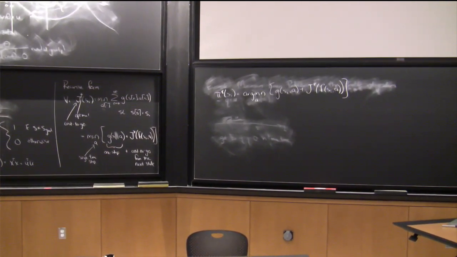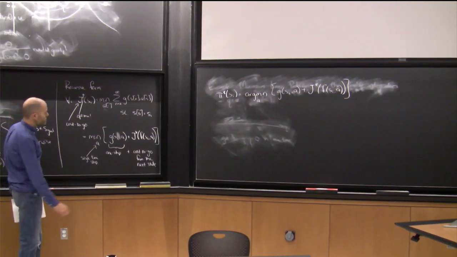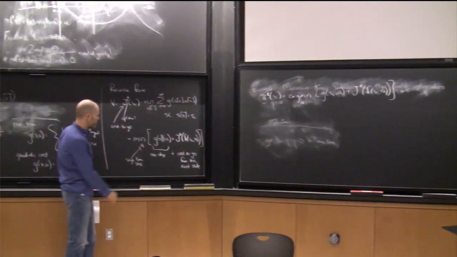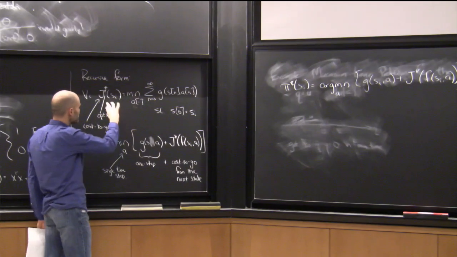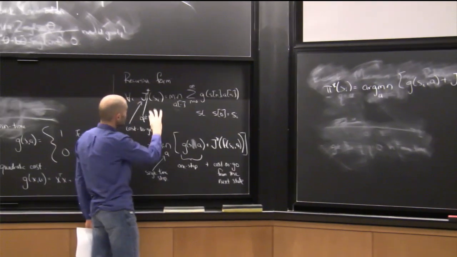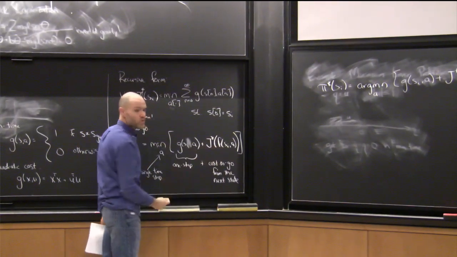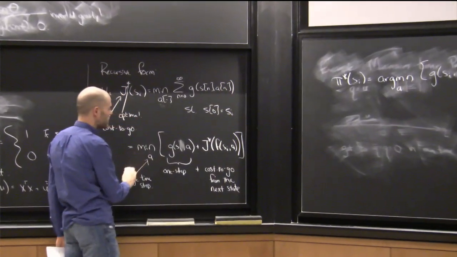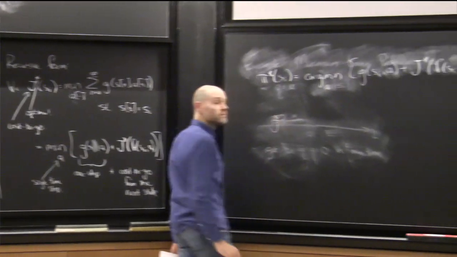But it turns out to be way more than that. I don't know who did it first, I guess Bellman's the most famous for it, but what if I just took this equation and used it as an iteration? What if I said, I'm going to just guess a J hat.